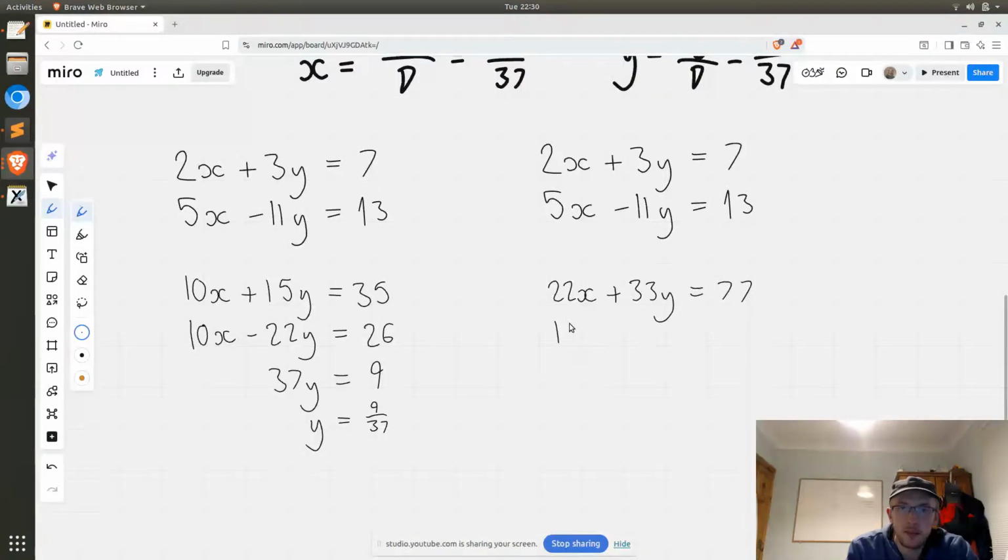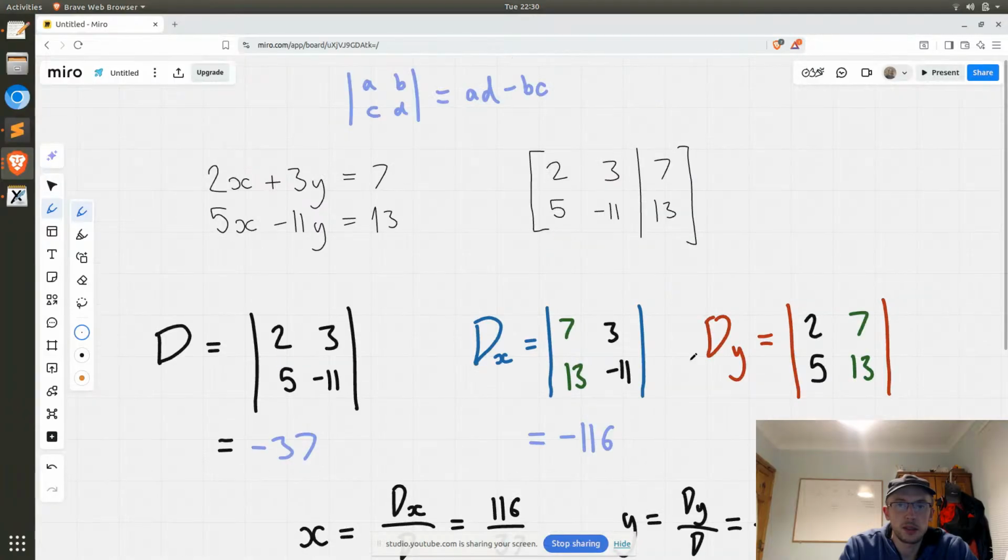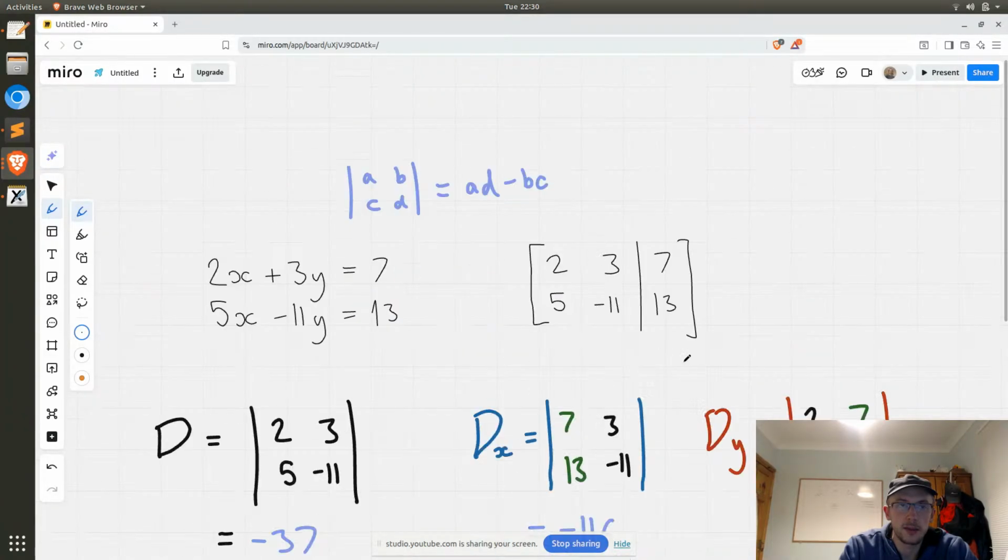Multiply the bottom by 3. Add the top and the bottom together. And you can see that it's all good. So Cramer's rule was remembered correctly, and that's a good thing.